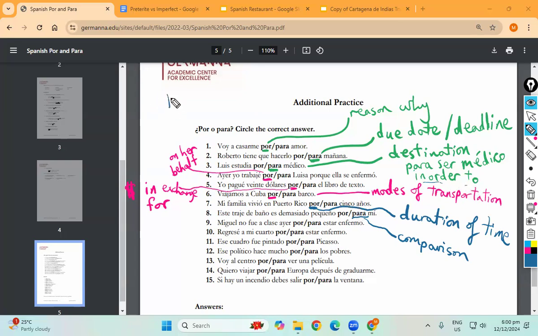Para plus a verb equals in order to do something, right? Now, do we mean in order to be sick? No, he did not go to class yesterday because he was sick. So this is the reason for. This is due to.